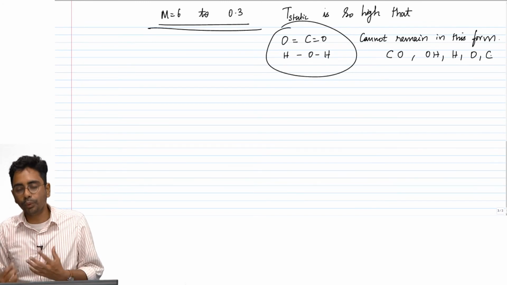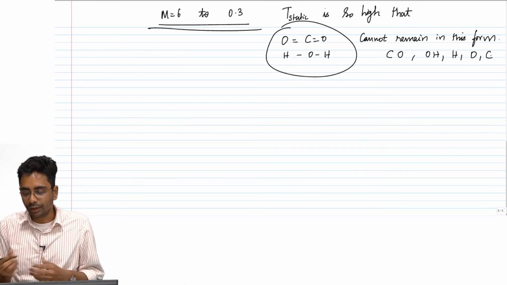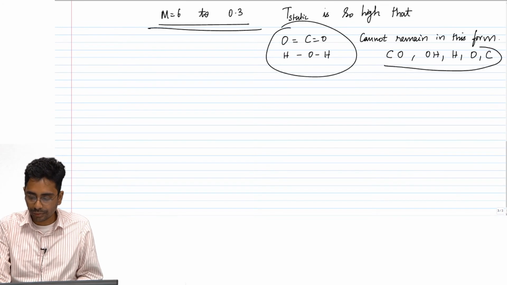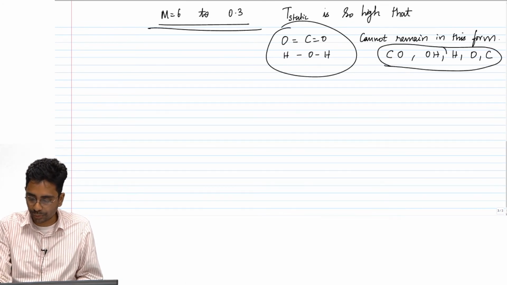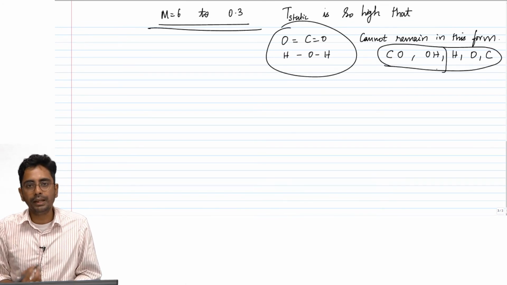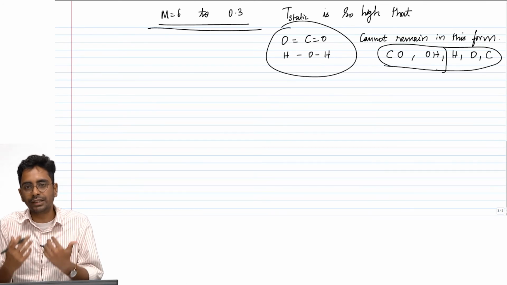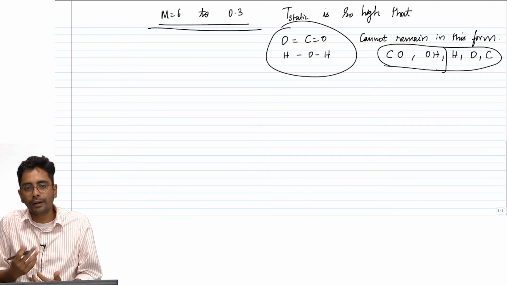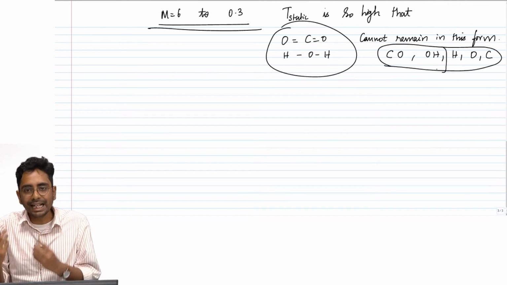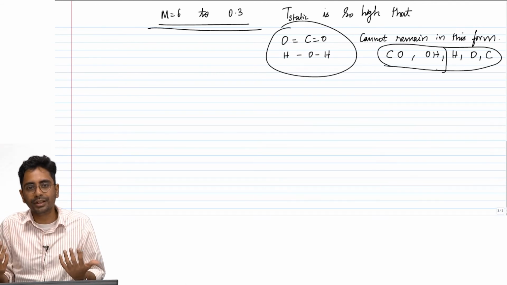What is the problem? At least in these two cases where there are bonds, the formation of these bonds is not exothermic enough for the net reaction to be exothermic. You see the problem here?